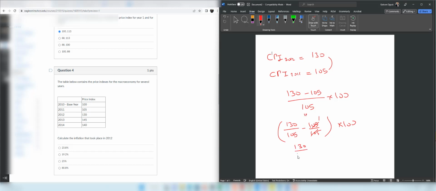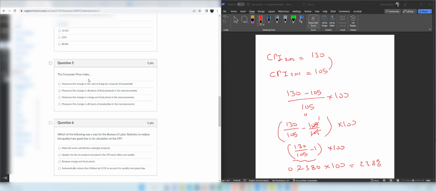That means 130 divided by 105 minus 1 times 100 calculates the inflation. So 130 divided by 105 is 1.238, minus 1 is approximately 0.2380, times 100, which is equal to 23.8%. So that's the inflation rate for 2012.